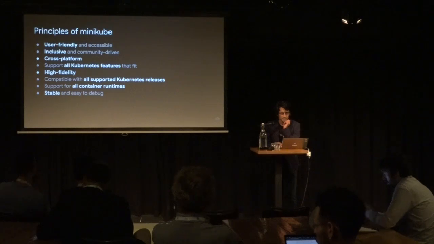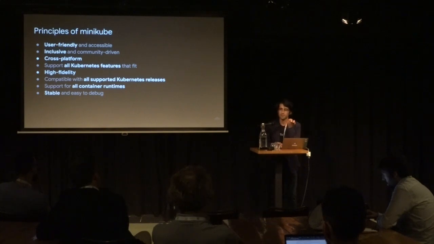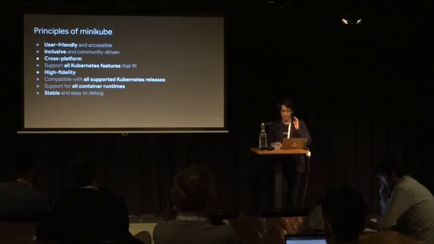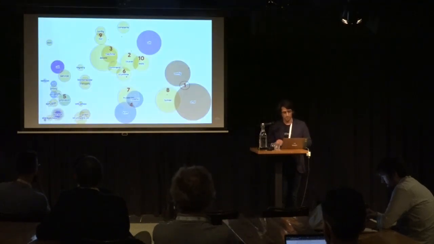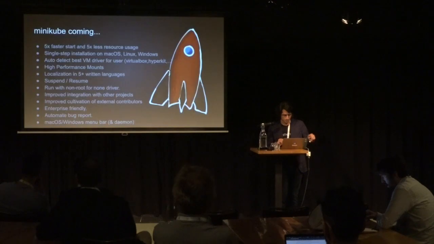One of the things I liked about Minikube before I was a maintainer myself was that you could trust it. If it was giving you a feature, you could trust that it's working. One of the downsides has been that Minikube was not the fastest option out there, but I could say it's one of the most stable options. This is a graph of our code base. I'm going to skip that so we can get to more material.